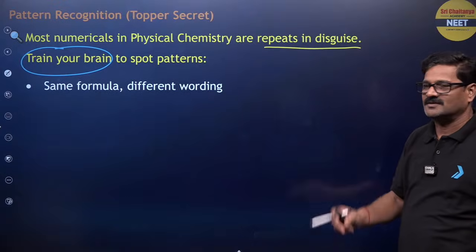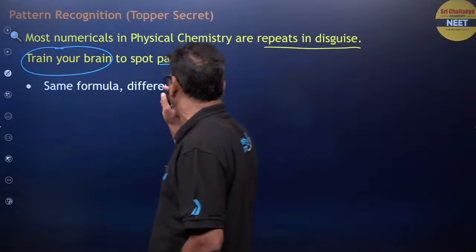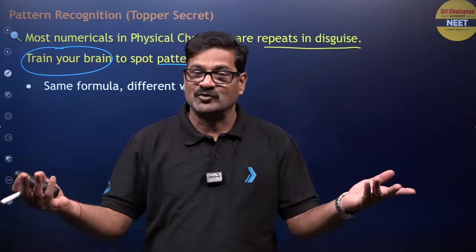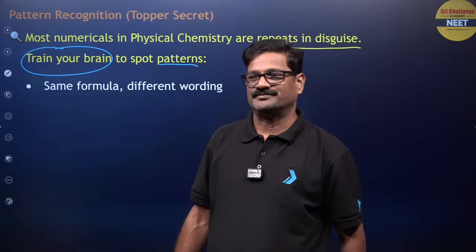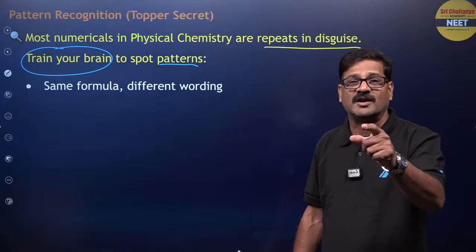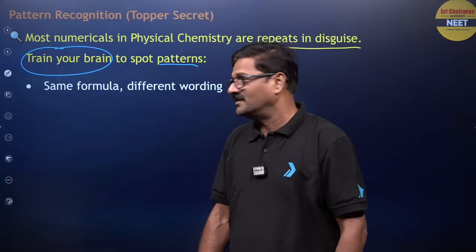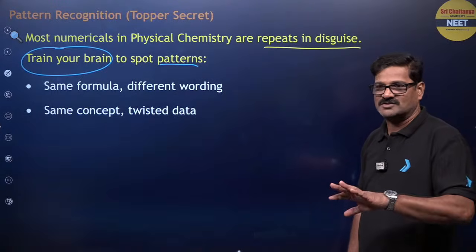Same formula, different wording. So what is the pattern? The pattern changes like this. Same formula but different wording. Calculate the mass of H2SO4 required to prepare a semi-normal solution. There is no number in it, but it will be your numerical. What is semi-normal? A solution whose normality is 1/2 can be called semi-normal. Right, beta. Similarly, same concept, twisted data.